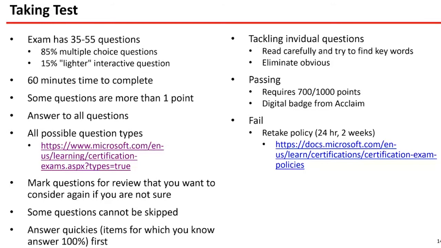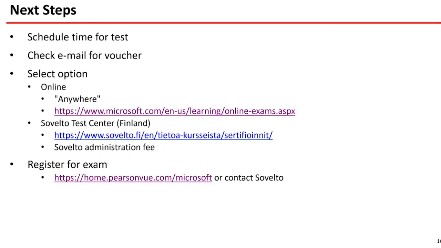Okay. Next steps. First of all, you should schedule time for your test. It's important, especially at the moment, because of this coronavirus, most of these test centers are closed. So the only possibility is to do an online proctored exam.